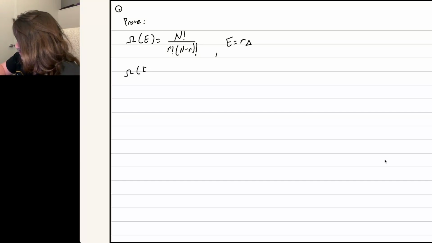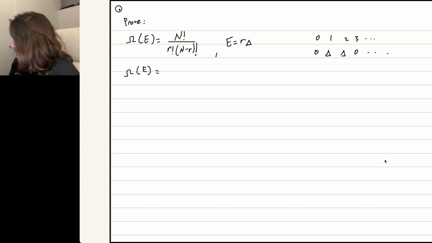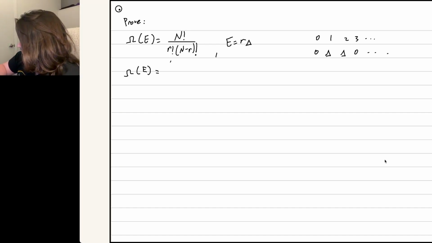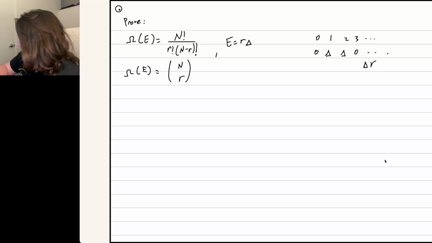Whenever you're looking at a system like this, where you have, say, a number of particles numbered 0, 1, 2, 3, and so on, that can be in a state 0 or another number like delta, only two different states, then really what you're just doing is you're seeing n choose r for the amount of different arrangements where the number of deltas is equal to r, right?